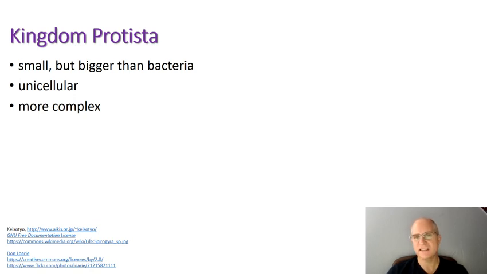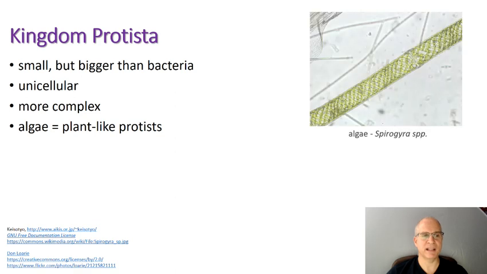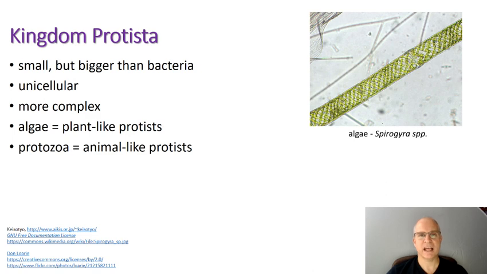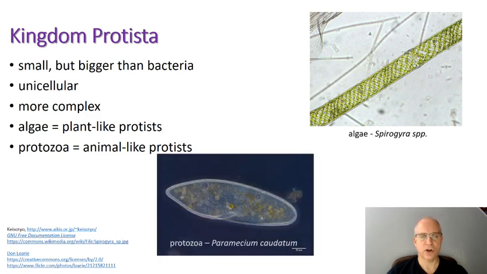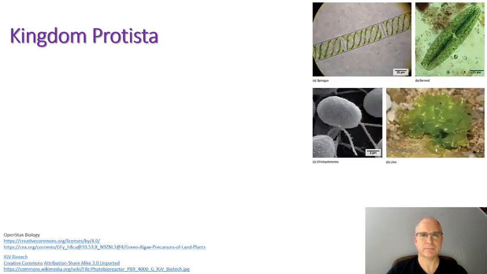The nucleus is the structure that surrounds and protects the DNA of the cell. We have two main types of protists: the plant-like protists, called algae, like the pretty Spirogyra that you see here, and the animal-like protists, called protozoa, like the paramecium that you see right here.